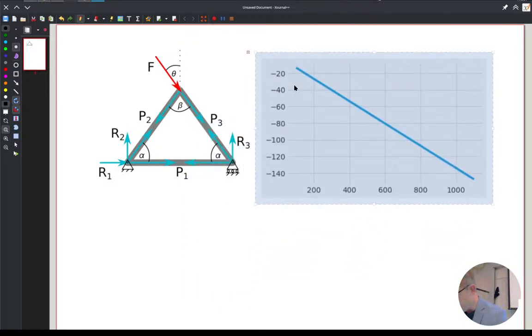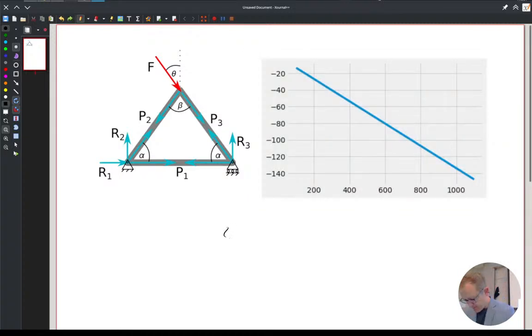So I just wanted to compare stuff that I'm solving for. On this axis, this is F in newtons, and this is P1 in newtons. If there's zero force, then there's no internal reaction force, and the more I'm pushing down, the more it grows. So right now, theta equals 0.